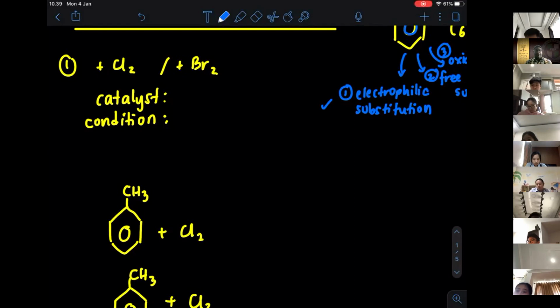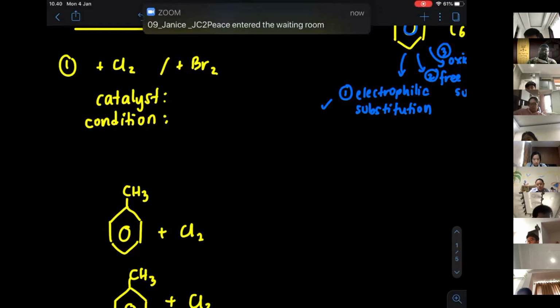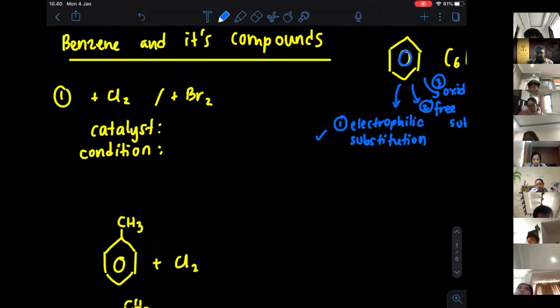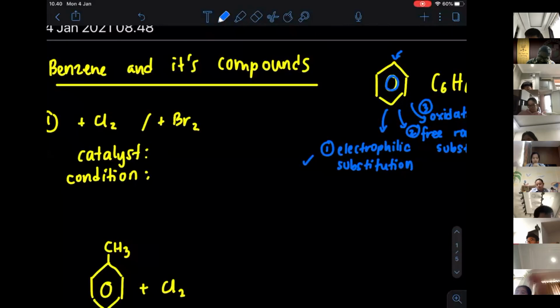When you look at these reactions involving benzene, Janice is joining. Whenever you react benzene with Cl2 and Br2, if you want the Cl to be substituted into any position on the ring, you need halogen carriers.